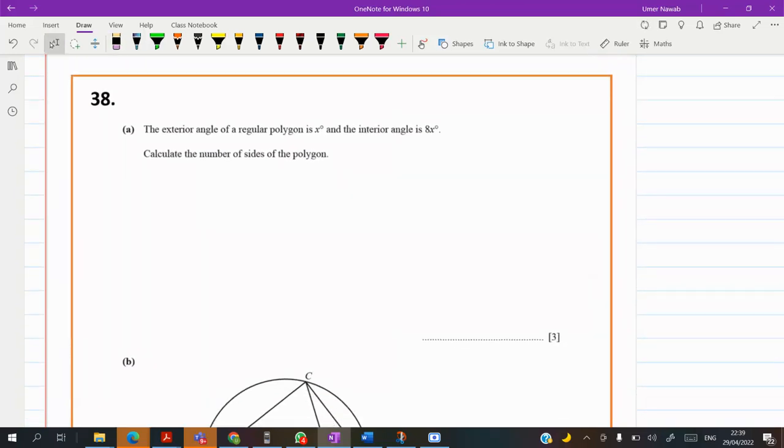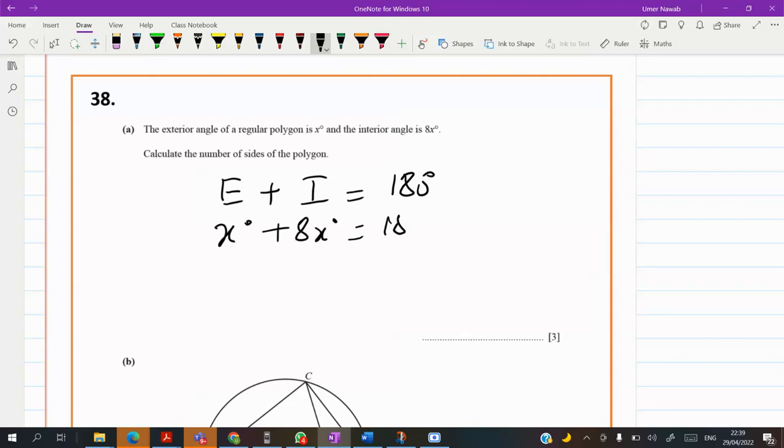Question number 28. The exterior angle is x, the interior is 8x. You know interior plus exterior, they are supplementary. So this is x and this is 8x. This is 180, so 9x is 180, so x is equal to 20.